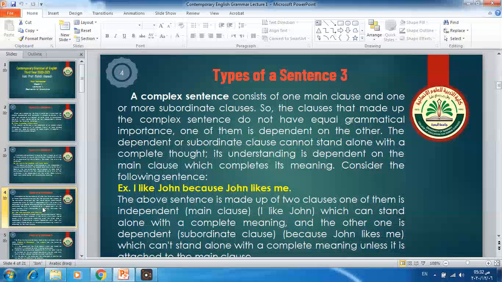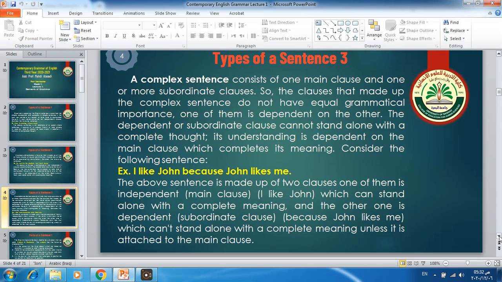The dependent or subordinate clause cannot stand alone with a complete thought. Its understanding is dependent on the main clause, which completes its meaning. Consider the following sentence. I like John because John likes me.